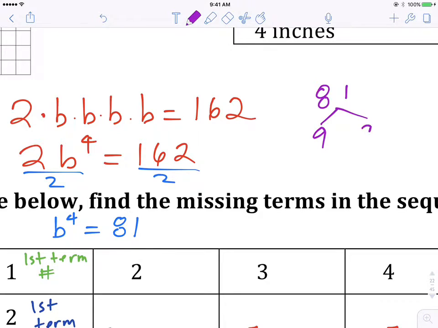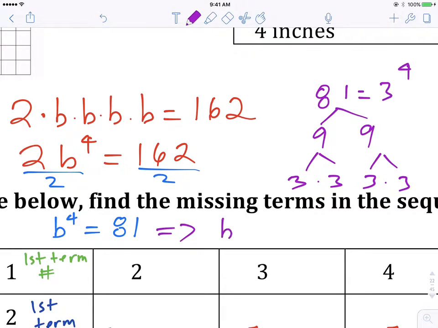9 times 9, 3 times 3, 3 times 3. So you can see that 81 is 3 to the 4th power. 3 times 3 times 3 times 3. And so, moving in this direction, you can see now that b would equal 3.